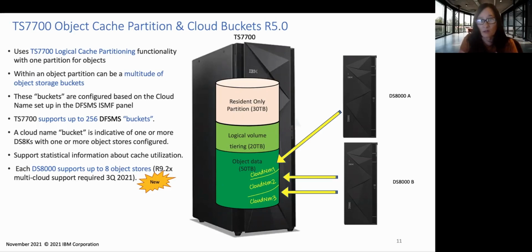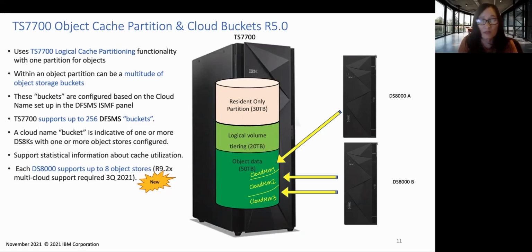And from there, that cloud name is utilized in the DS8000 to configure to your cloud object stores, whether that be a 7700 or an Amazon or an IBM Cloud system. You will use that cloud name to configure with. And now with the 7700, you are going to use that same cloud name. You're going to add that to the 7700, and we're going to use that to drive policy to your 7700. And we'll get into that in detail.